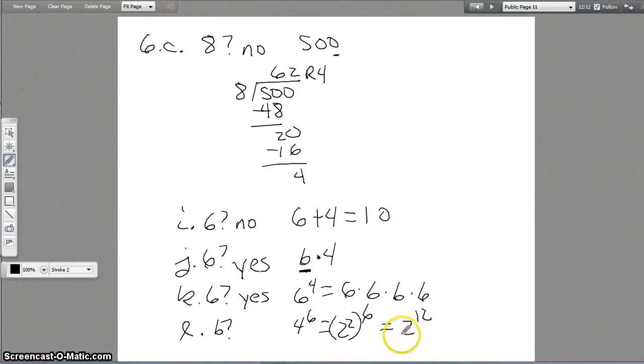There's no 3 anywhere in here. 6 is equal to 2 times 3. In order for 6 to be a factor of 4 to the 6th, there would have to be a 2 and a 3 as factors, and there's not a 3. So 6 cannot be a factor of 4 to the 6th. Number 6 was like number 11 that I assigned for homework.